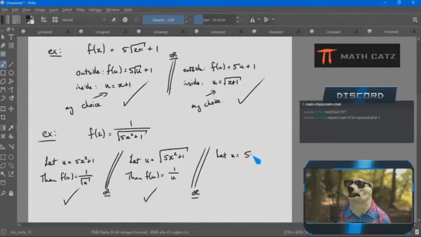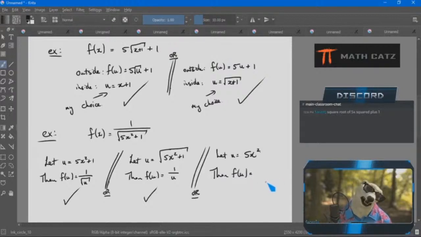What about just the 5x squared? Would that work? And if you say it works, what is the outside function? I know it's clumsy to write in the chat. You don't have to. I just want you to think about it.